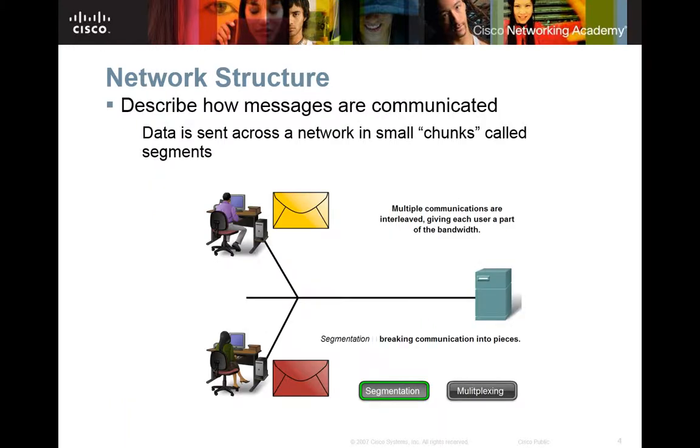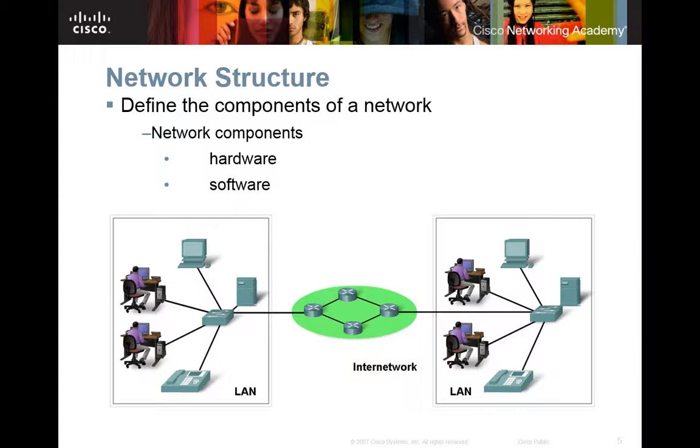Remember, we have two different ways that we can send data. We can do segmentation or we can do multiplexing. If I'm going to send it in small chunks, what do you think I'm using? Segmentation, because I'm taking the whole thing and breaking it into little small chunks, right? Those small chunks will go over the LAN, go out to the internetwork, and route their way back to this other LAN.